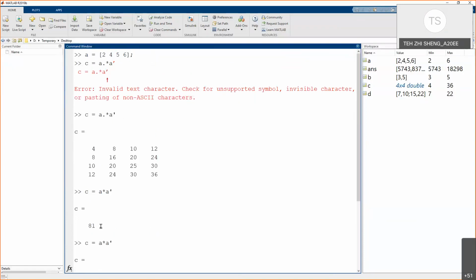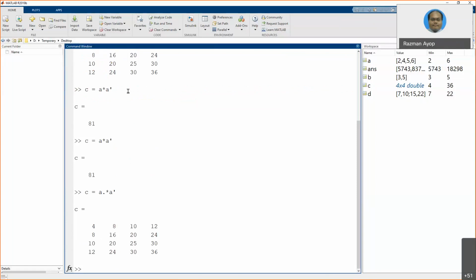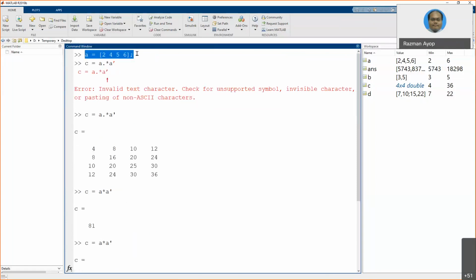Okay, this one, even I cannot understand it. How can it happen? They're changing. Last time I think it could not operate.